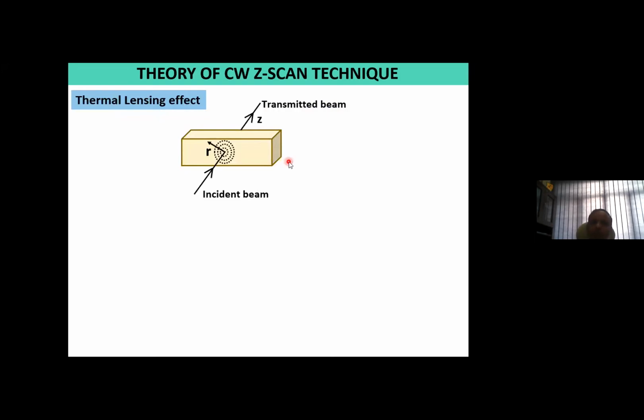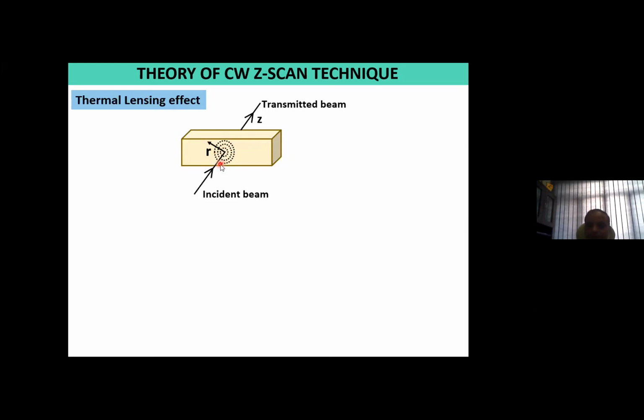Now coming to the theory of the thermal CW Z-scan technique, where, even in the question and answer, I heard people asking several questions regarding thermal effects. What happens with a CW laser, when you are continuously pumping the system, is that the temperature and density of the medium change in the radial direction.